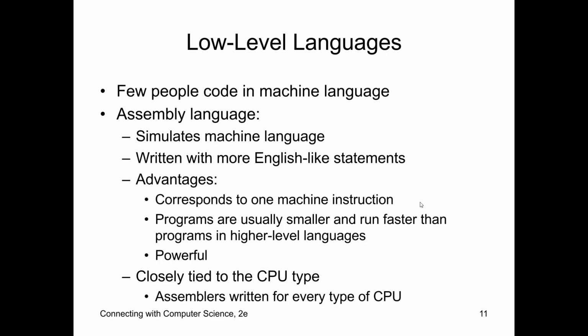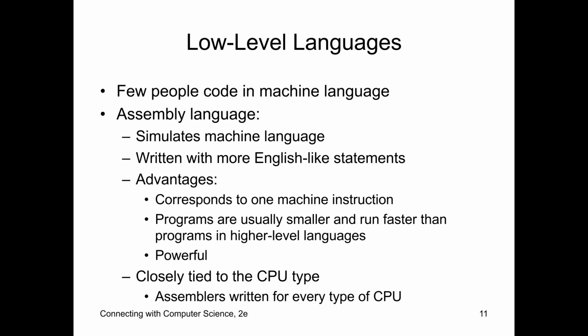So when we take a look at this, you're going to see that every line that you see in there translates to one machine instruction. And that's the power that you have with assembly language, because now you're telling the CPU exactly what to do step by step. And as it says, they're smaller and faster, and they're extremely powerful.